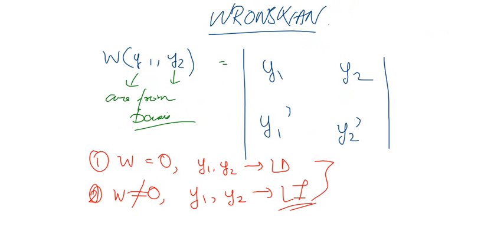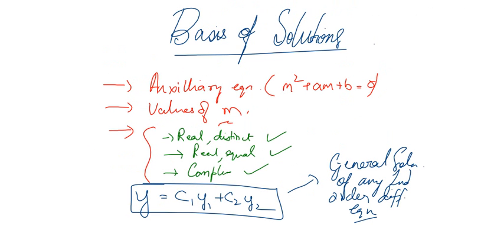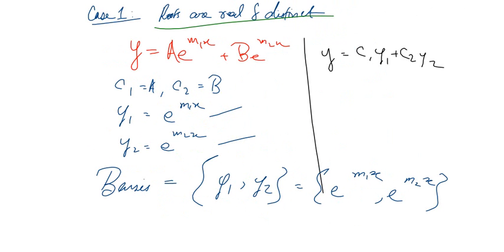So this was all about the basis, and we'll put in a quick revision. So for basis solutions, we find the auxiliary equation and the values of m. We find two values, and then we respectively put them in the place of the general solution. Case 1, wherein roots are real and distinct, m has two values, m1 and m2.